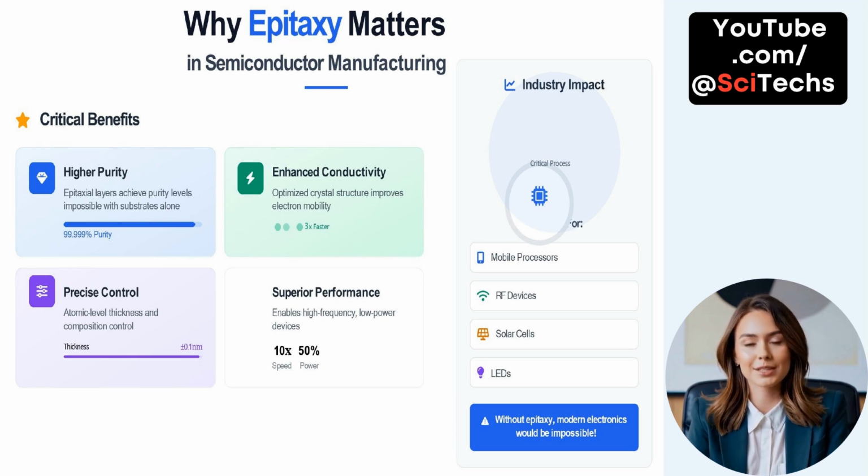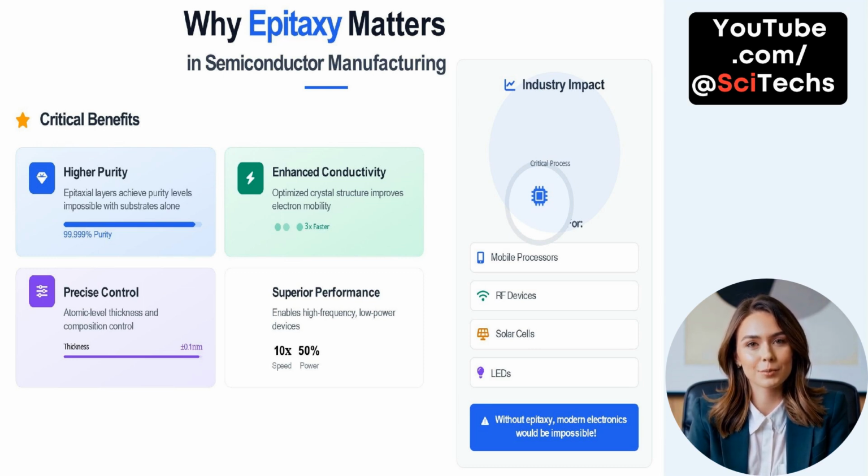Second, enhanced conductivity results from the optimized crystal alignment in epitaxial layers, improving electron mobility and allowing signals to move up to 3 times faster. Third, epitaxy offers precise control over thickness and composition with atomic-level precision, within plus or minus 0.1 nanometers, ensuring uniformity across wafers.